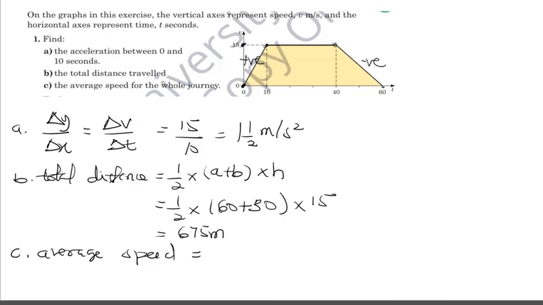In this case, the total distance here is 675 and the time taken is 1 minute, that is from here all the way to this point. That's 60 seconds. And this gives us 11 1/4 meters per second.